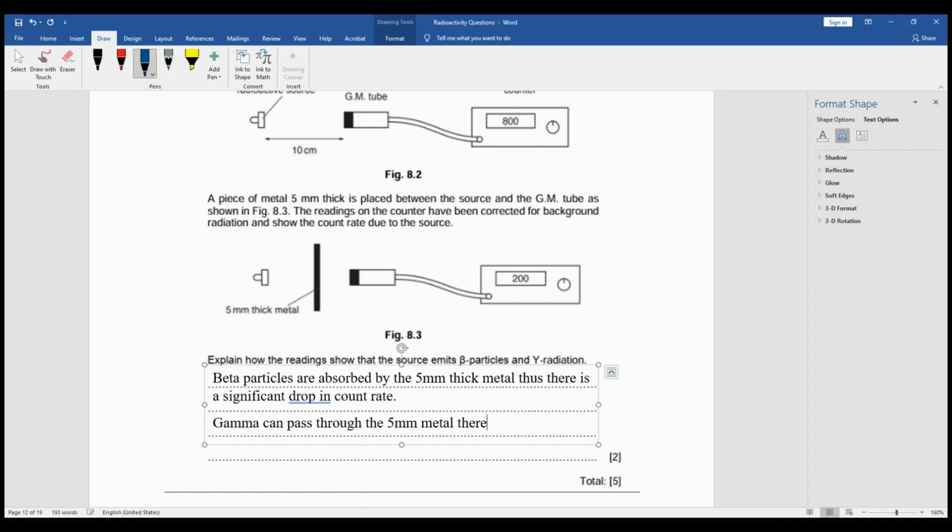Therefore, there is still a count rate of 200. I think what they want is not for us to say there's no alpha, but to show that the source did emit beta and gamma.